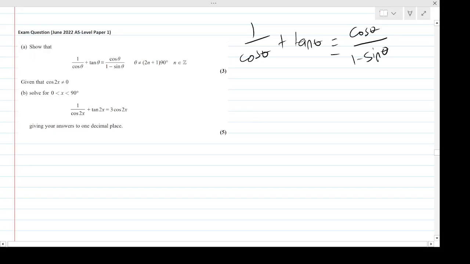But remember, with identities, we need to work with one side of the identity and then we end with the other side, right? So let's start with the left side. That looks a bit more complicated, right? So firstly, I notice there's no tan theta at the end, only sine and cos. So if I start with 1 over cos theta add tan theta, I can use the identity that tan theta is sine over cos, right?